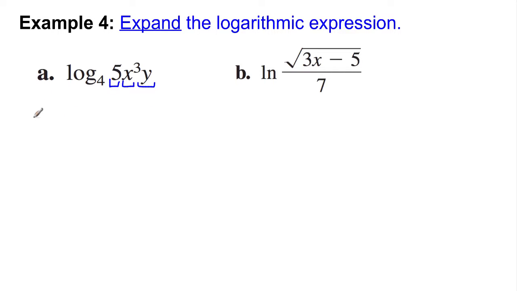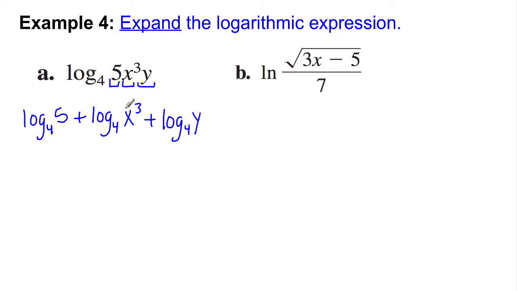So I'm going to take log base 4 of my first term, which is 5, and add that to log base 4 of my second term in the product, which is x cubed, and add that to log base 4 of my third term in the product, which is y. Now the only other thing that you could do here is take this exponent of 3 using the power rule.